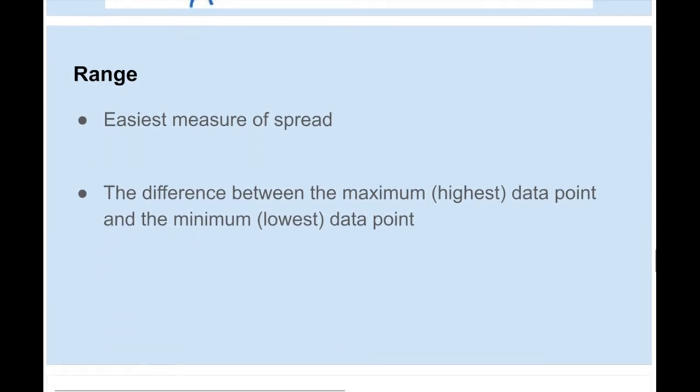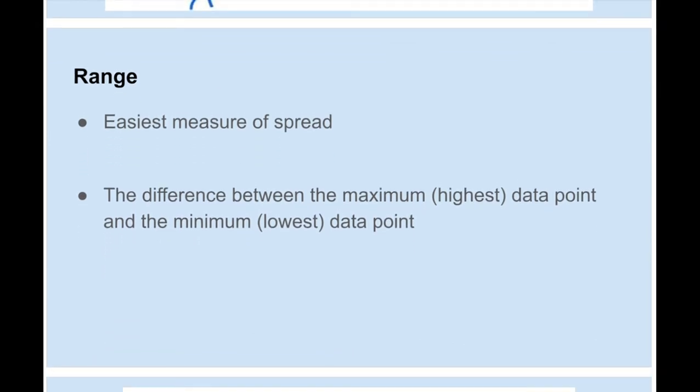The one measure that we will look at for the measure of spread is the range. And the range is the easiest one to calculate. It is the easiest measure of spread. And basically it is the difference between the maximum, or the highest data point, and the lowest data point.